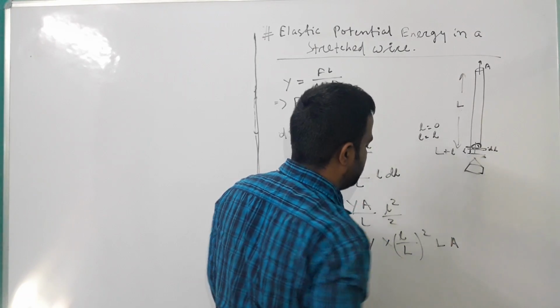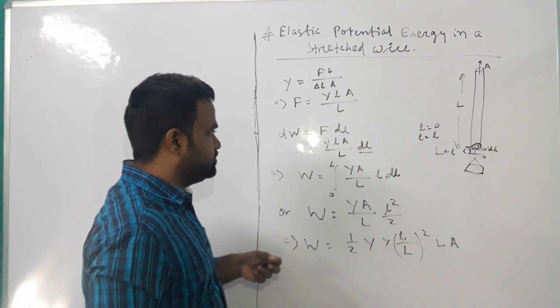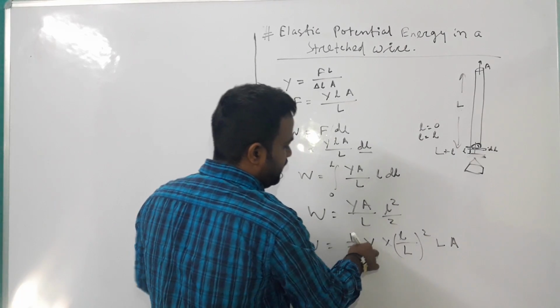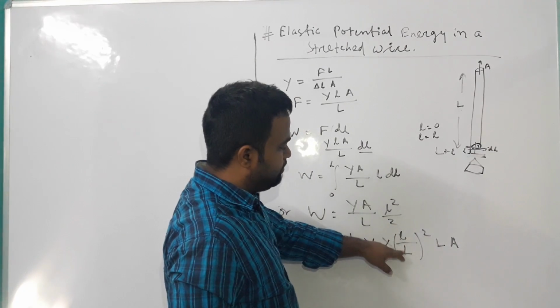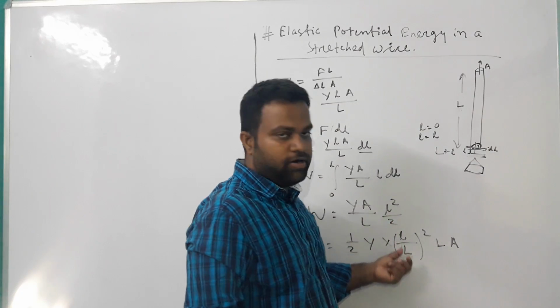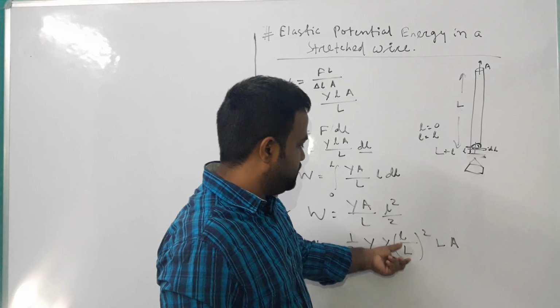This length into area is the volume of the cylindrical wire. Here Y is the Young's modulus, and l upon L, that is change in length upon original length, is the strain of the material.